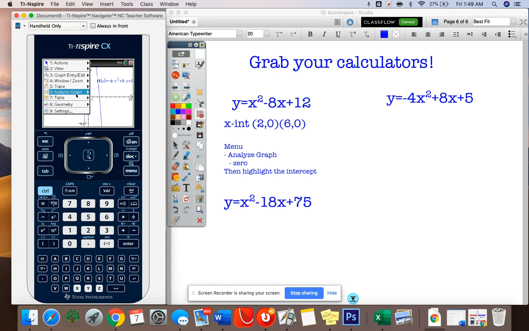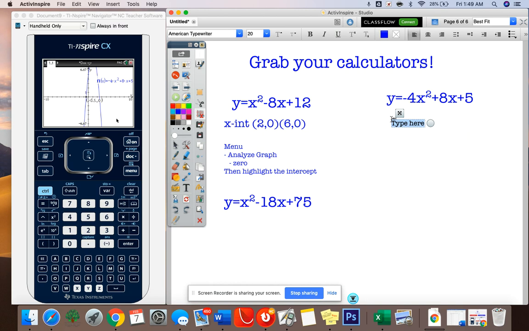Menu, Analyze Graph, zero. Click to the left, highlight your ordered pair. We can go ahead and add that our intercept, or our zero, is the ordered pair negative 0.5, comma 0. Notice here, your x and y intercepts can always be fractions and decimals. They do not have to be whole numbers.